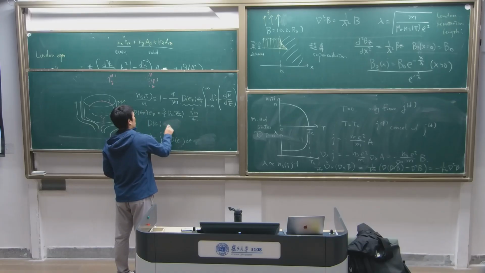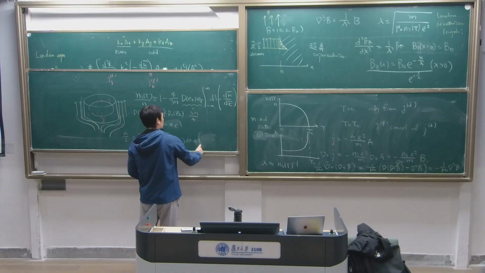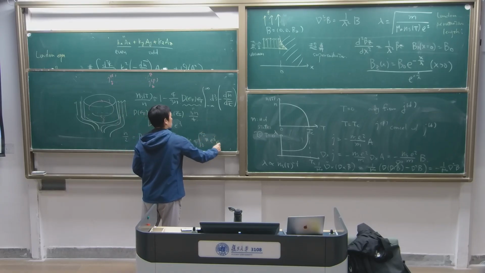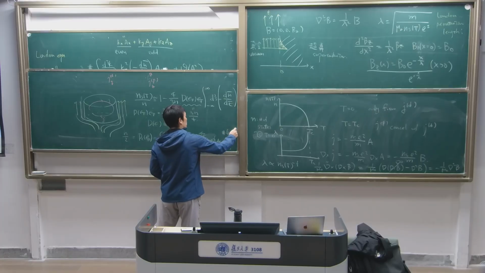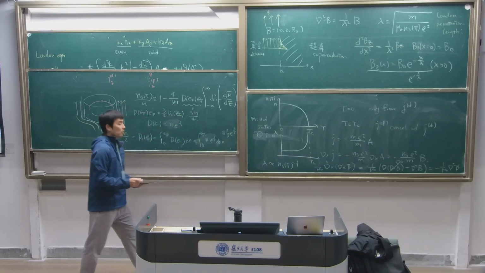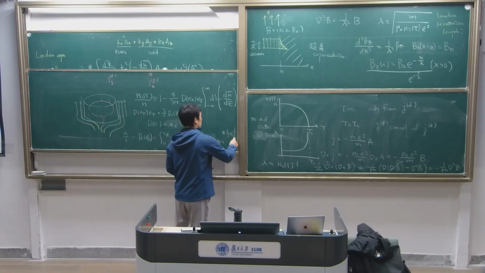Let's suppose this is equal to a number times the integral from 0 to the Fermi energy of E to the one half, which is a number times 2 over 3 times the Fermi energy to the 3 halves. Is that okay?